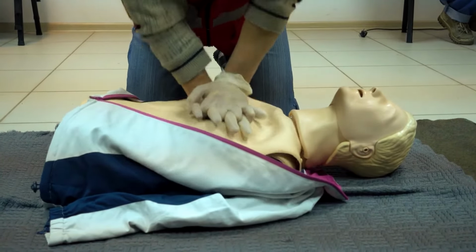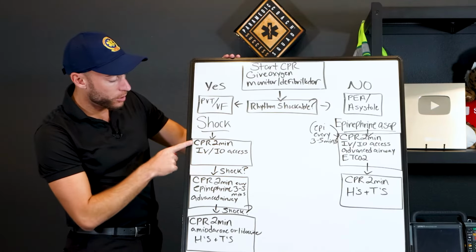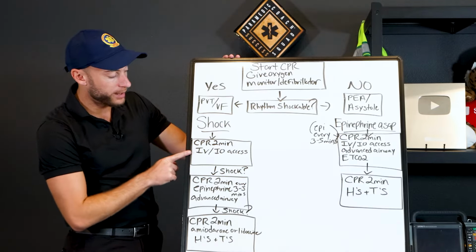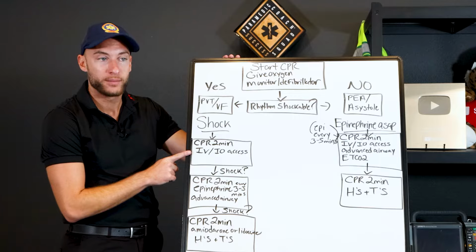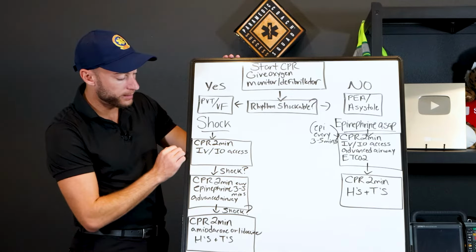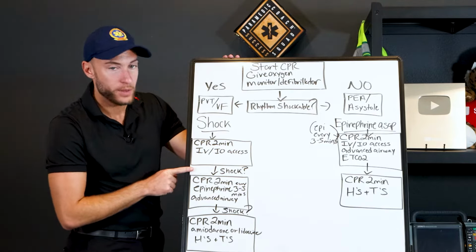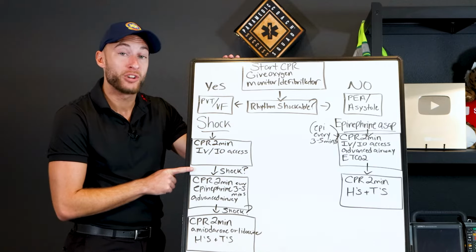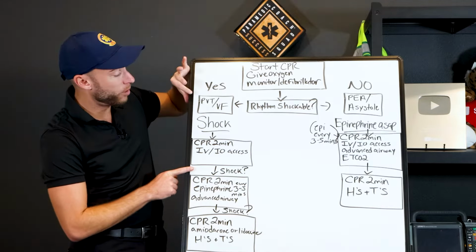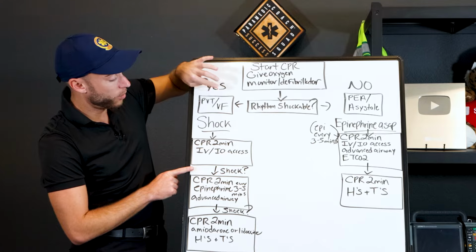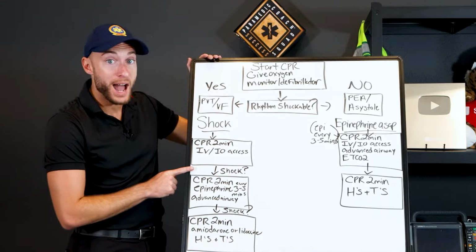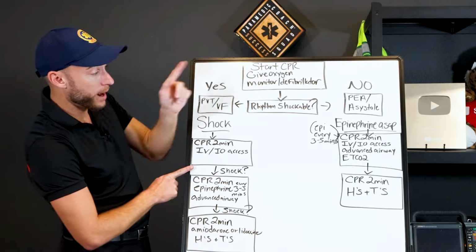CPR for 2-minute cycles, establish IV/IO access. That's our 2 minutes. Then we come down here and shock the patient again as long as they are in VT or VF.